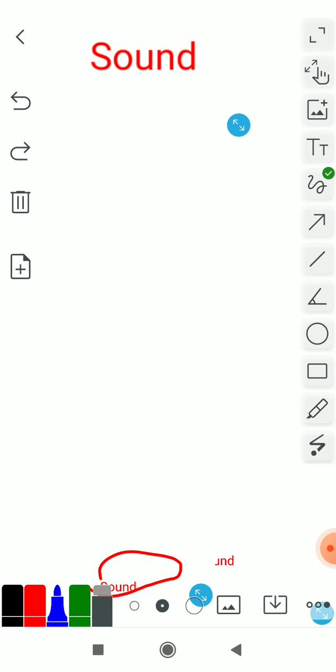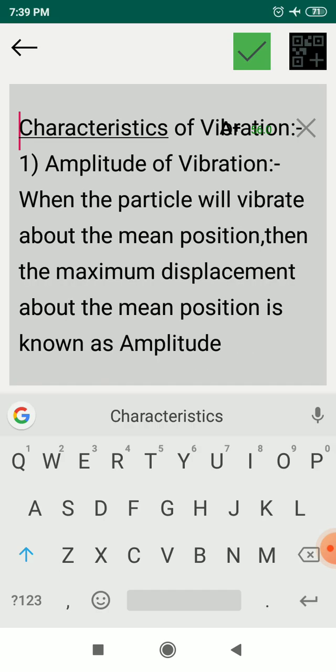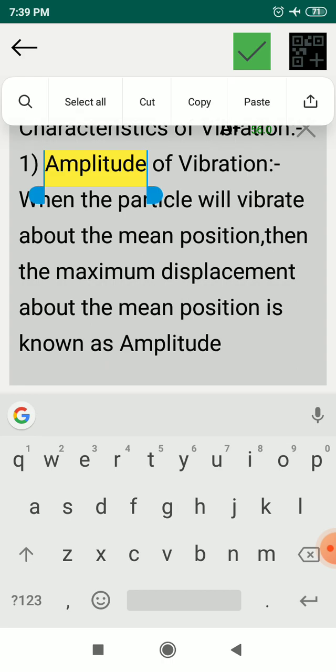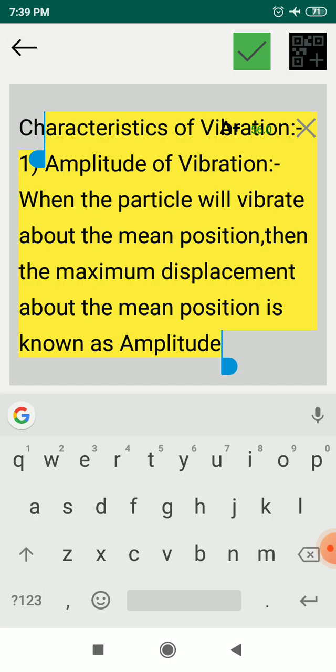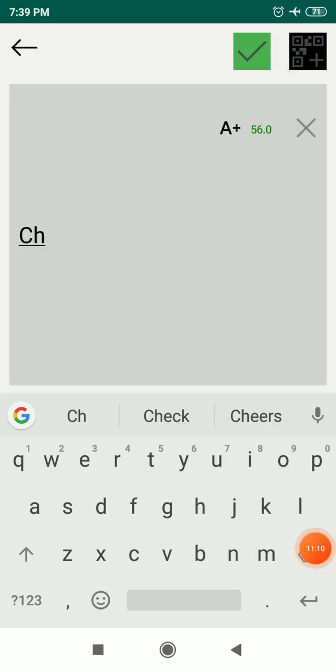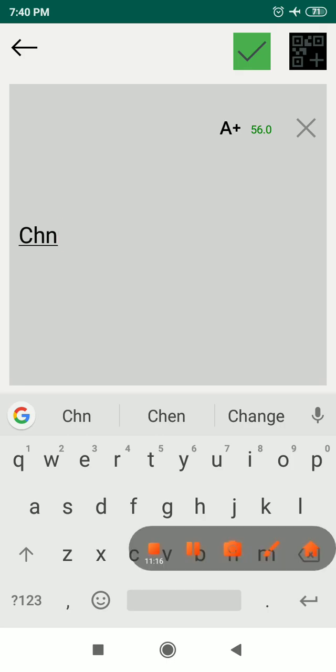Now let's talk about another very important feature of the vibration. That is frequency. What is frequency?